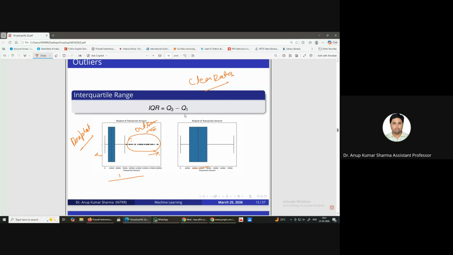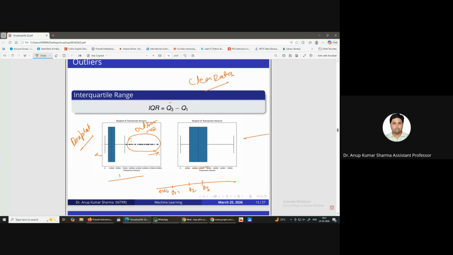So what is the box plot? The box plot is simply used to remove outliers using the IQR, Q3 minus Q1. Suppose we have data: here is Q1, here is Q2, here is Q3. These are the values of transaction amount.